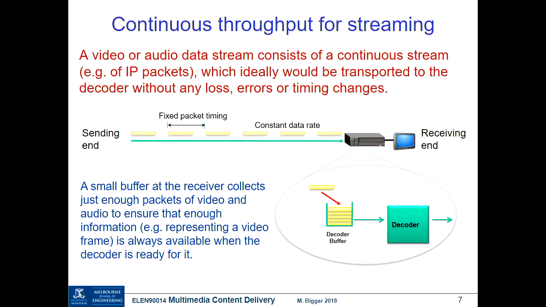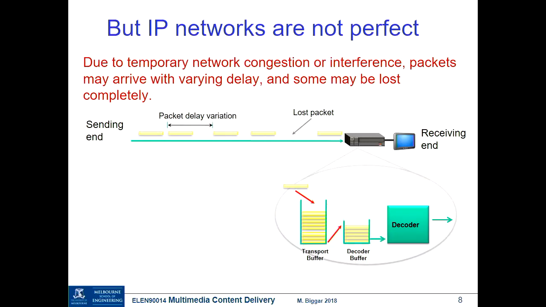But of course, IP networks aren't so perfect, and we have packet delay variation, or jitter, because of the varying delays through the network. As I'm sure you're aware, different queue lengths in routers, sometimes a different actual route taken through the network as it responds to changing network conditions.